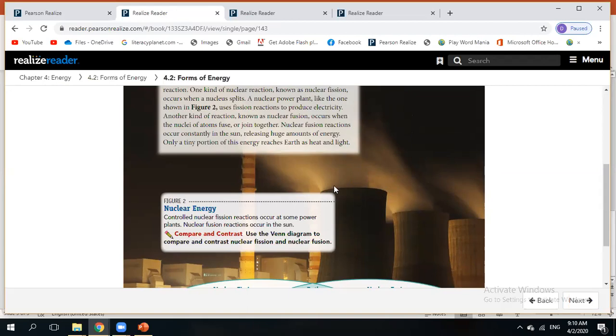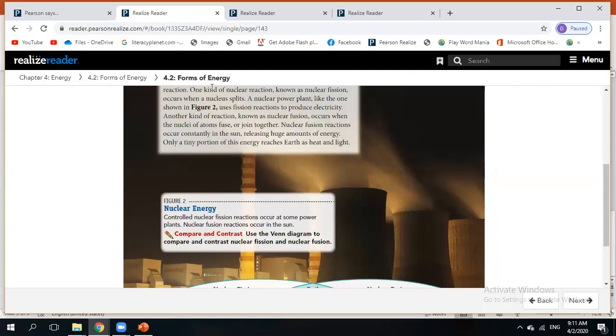From its name, this means that the nucleus will be split, like what happens in the nuclear power plant. Inside it, there is a split of the nucleus, so it gives energy. This energy will be used to produce electricity in a process called nuclear fission.